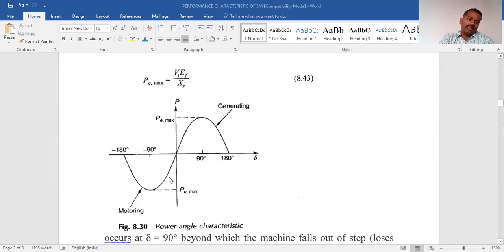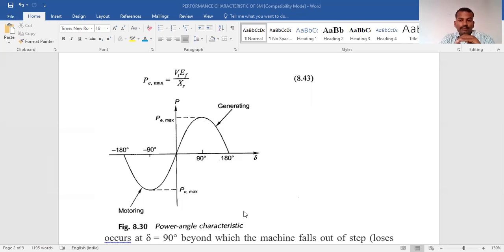Similarly, when delta is negative, the direction of power flow will be reversed. You can see here in generating mode power flow was positive, while in negative or motoring mode power flow will become negative.